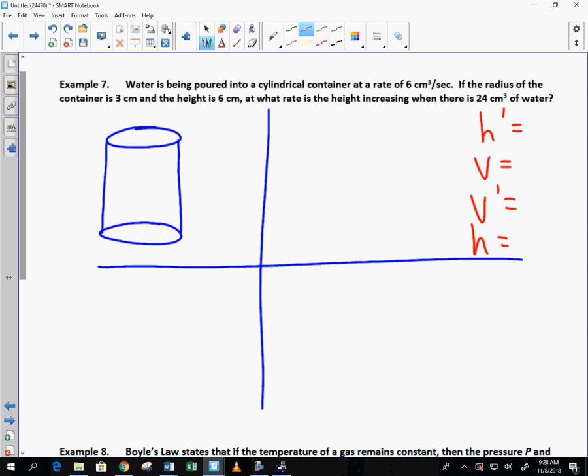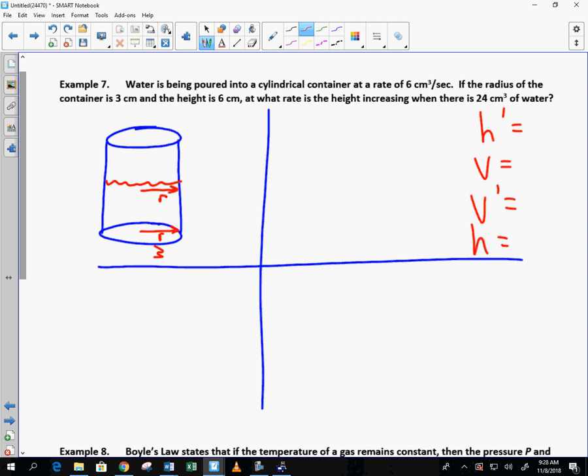What's remaining constant? The radius of the water never changes, right? Now, here's what's important to consider: does the size of the cylinder change? Does the height of the water change? And do you notice that the radius of the water is always the same as the radius of the container? Does it tell us the radius of the container? 3. It's always 3, right? So I don't need r up here, do I? Because it doesn't change.